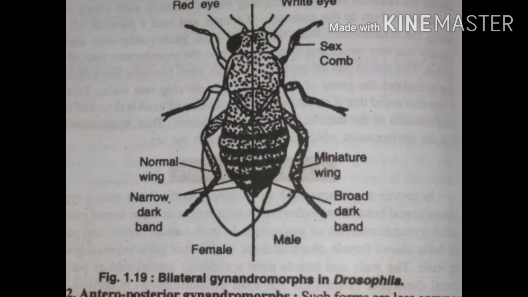First one is color pattern, body shape and sex comb. What is meant by sex comb? That is more bristle hairy projection on the first legs on one half of the body and female characteristic on the other half of the body. So both male or female gonads and genitalia are sometimes present.